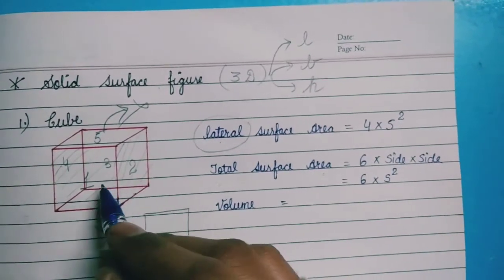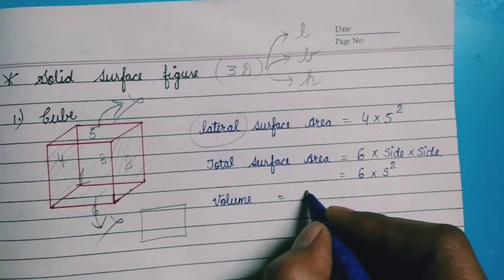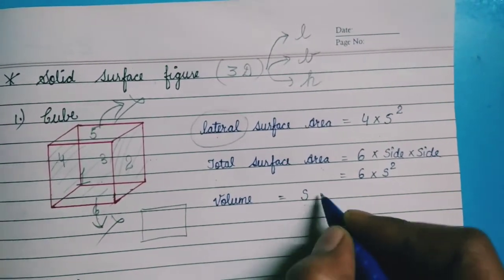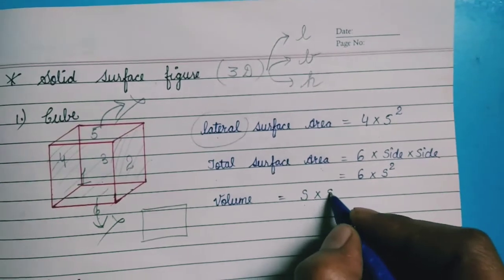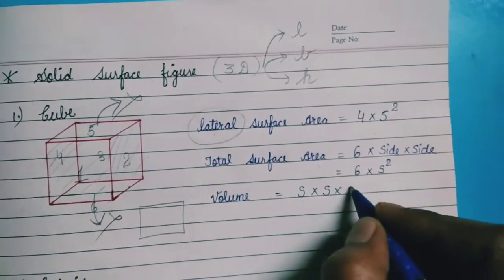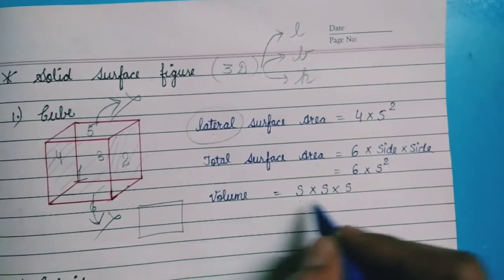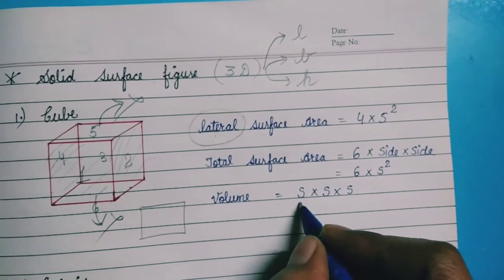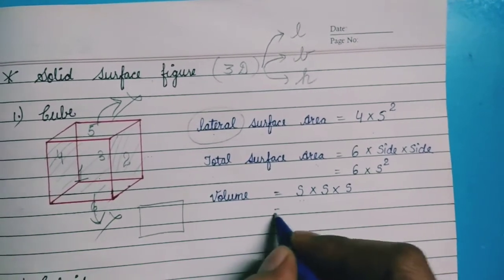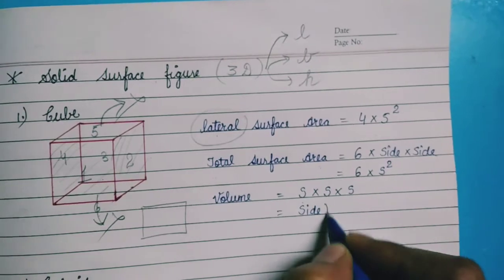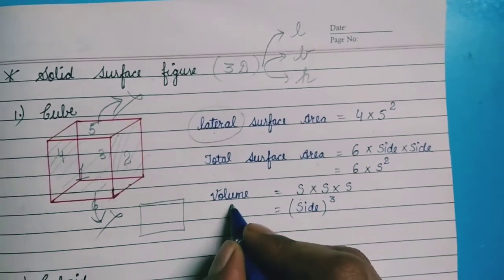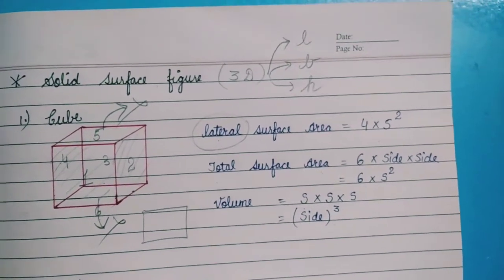All measurements of the cube are equal. So the volume of a cube is side into side into side. It means side cube will be the volume of the cube.